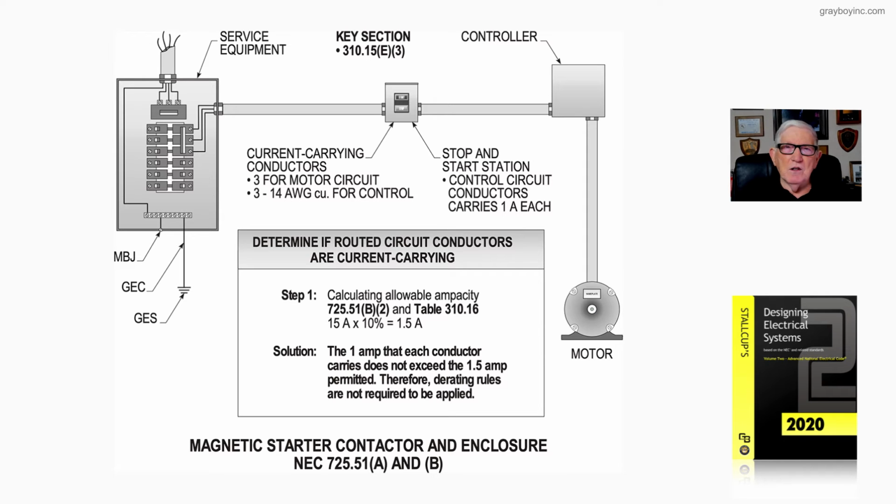And let's just say you want to know if a neutral's current carrying in a 4-wire 3-phase Y system. Well, we would review 310.15E, and it says, well, if the major portion is not, say, harmonics, linear type loads, then it wouldn't be current carrying. So that's considered 50%.